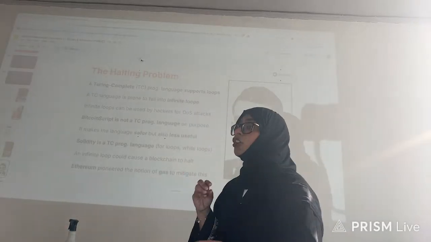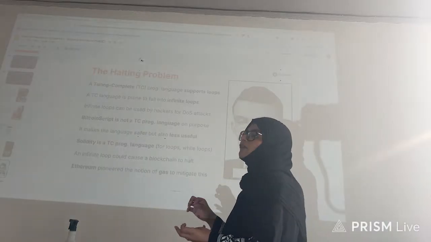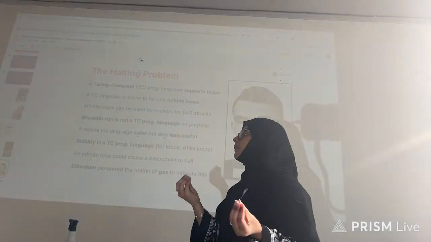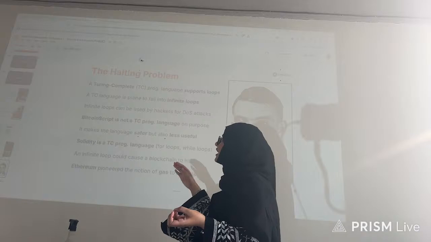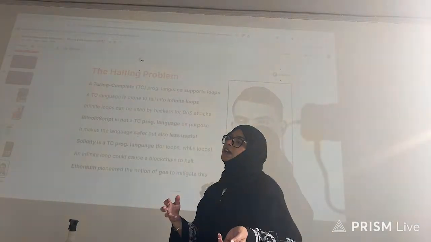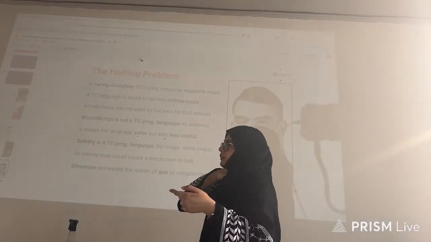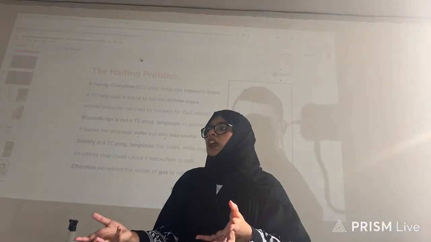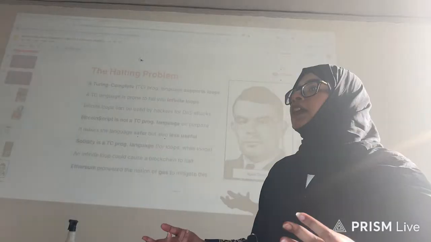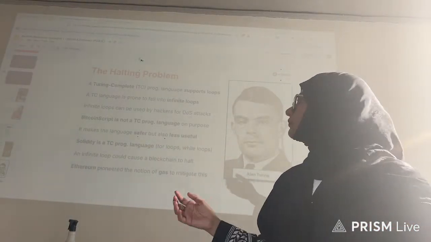Bitcoin script is a non-Turing complete language, and why we're learning about Turing complete and non-Turing complete is because infinite loops can be used by hackers for DDoS attacks. Distributed denial of service. What I mean by that is if you crowd or congest the network, that's when there's a huge chance the entire blockchain might go down.